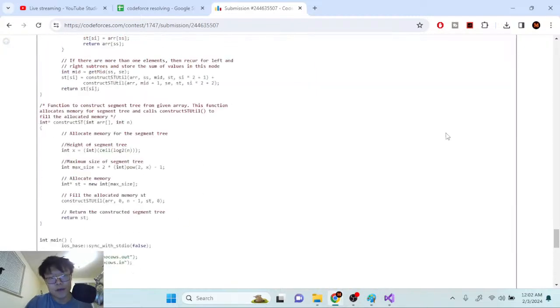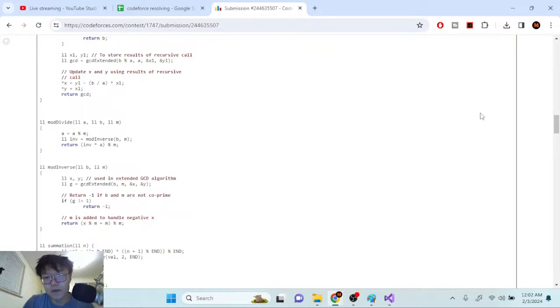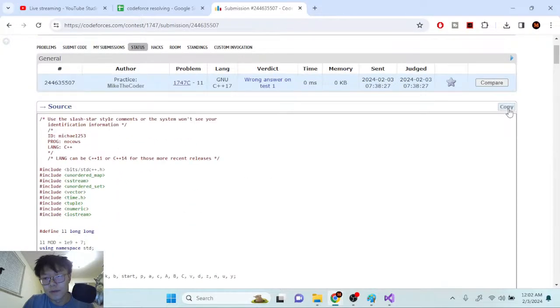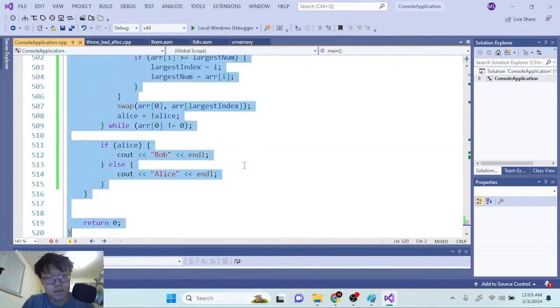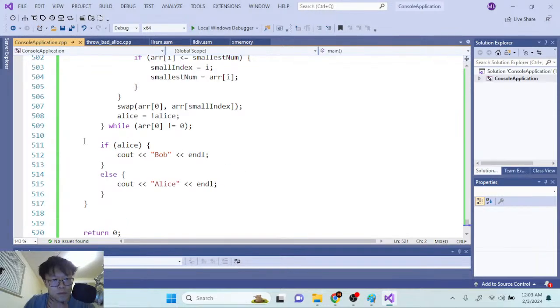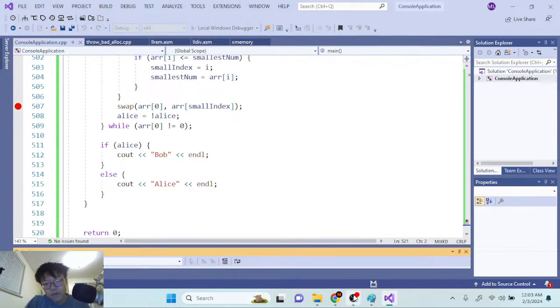Okay, let's copy our code and then actually run through it, to see why it's not working properly. Five, 4, 4.